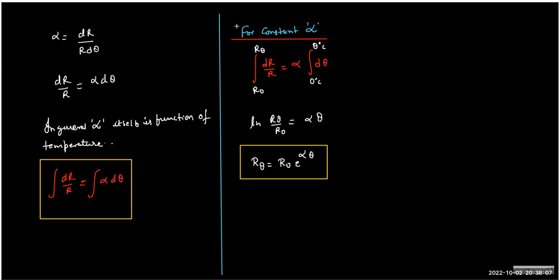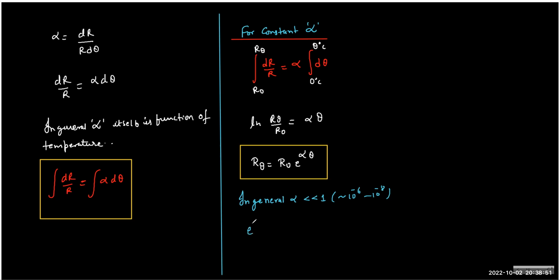And now comes the fancy part. Alpha is, in general, very, very less than 1. It is like 10 power minus 6, minus 5, something like that. Alpha is a very small quantity. So if you multiply with a small value of theta, let's say 80 or 100, it is still 10 power minus 3, so it is a 1,000th of a part.